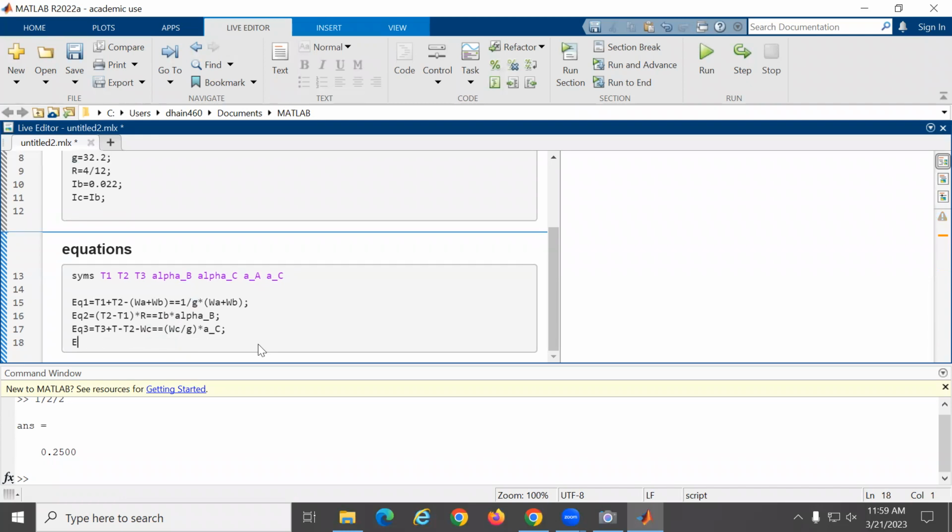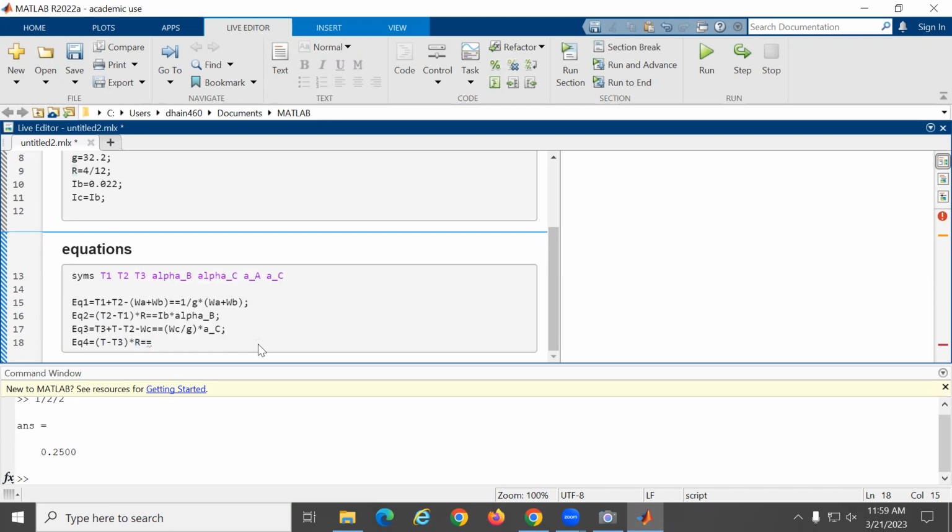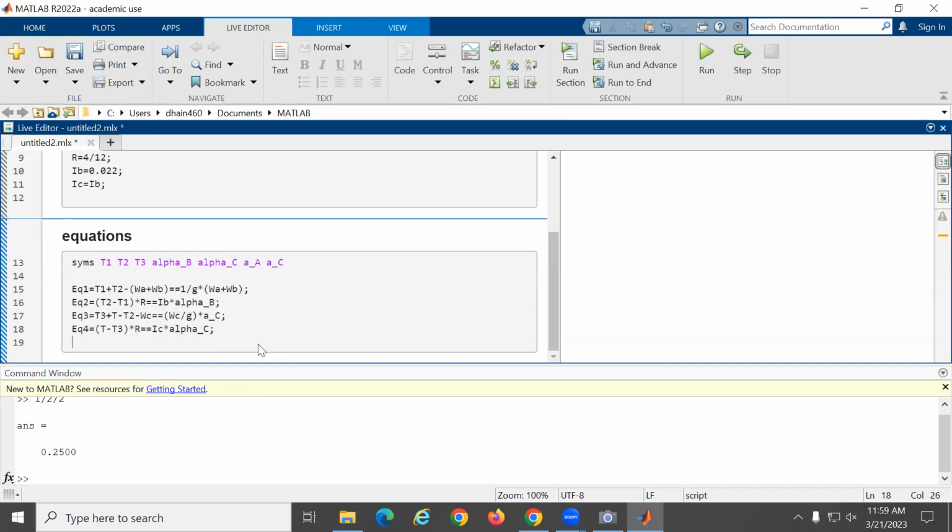So equation 4 is what? I'm just going from what we did. So it will be T minus T3 times R equals IC alpha C, no? All right.